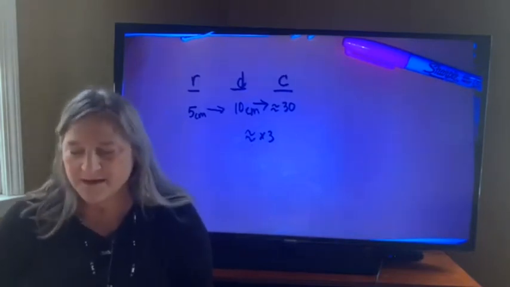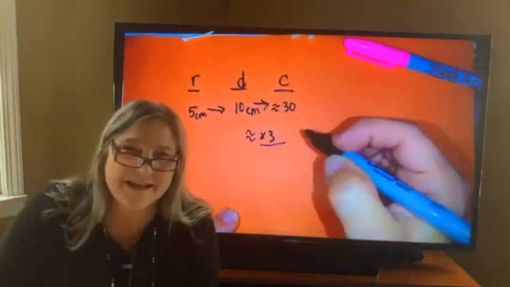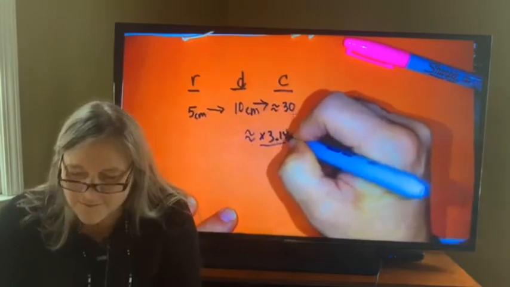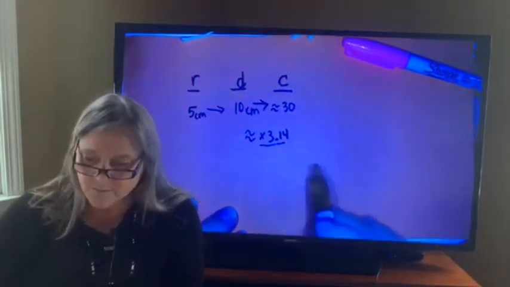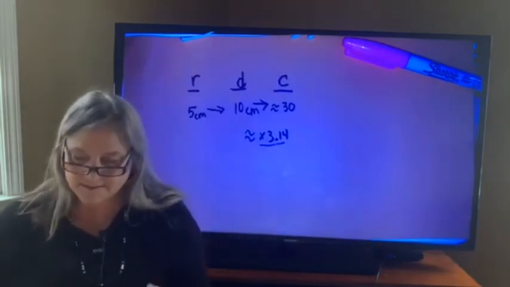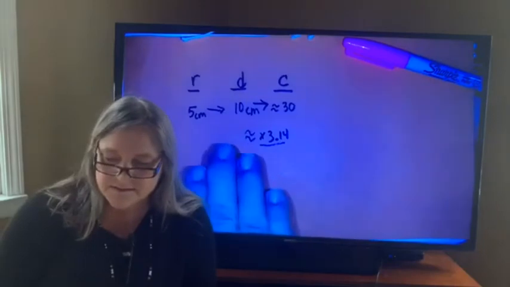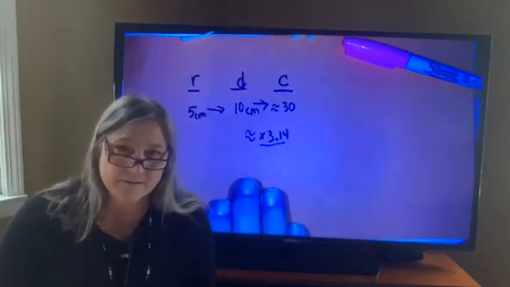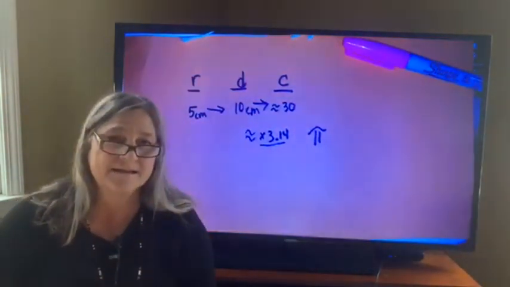Now, many of you might already know that this number here that we're multiplying is not really just 3, it's 3.14. And that's something that you'll want your students to recognize too, is that whenever we see the relationship between the diameter and the circumference, the circumference is 3.14, or pi, that's that number pi, times d.